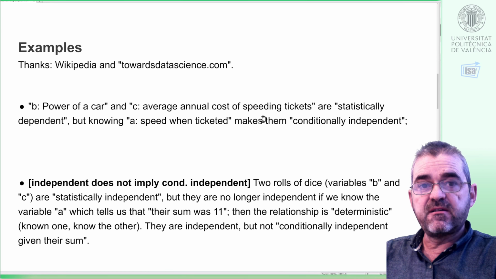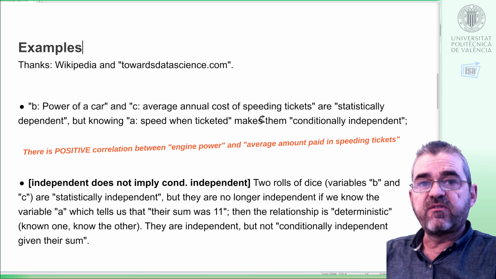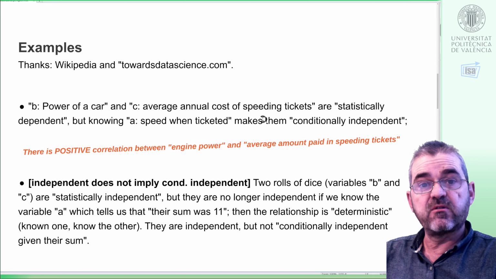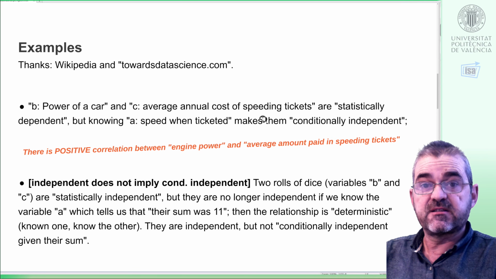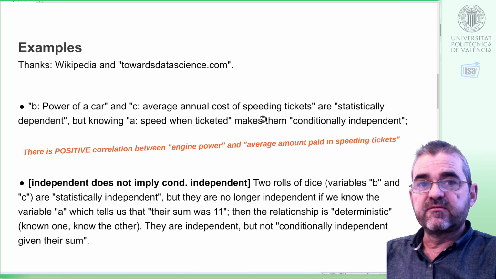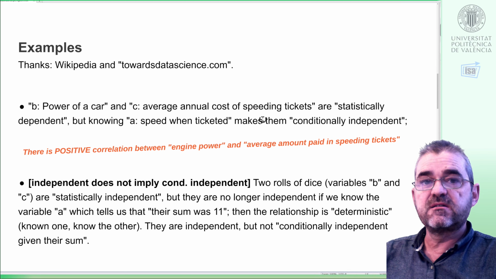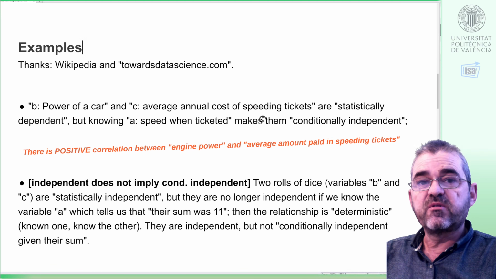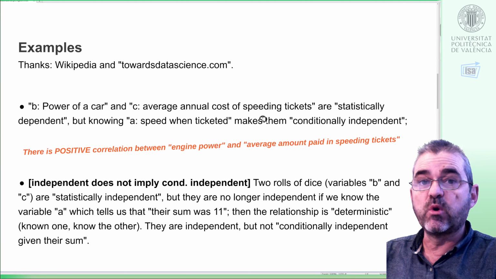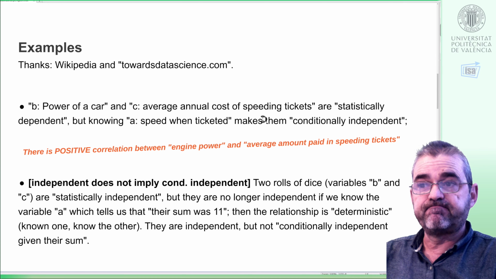If we don't think of anything else, we can collect data and find that B and C, the power of a car and the speeding ticket amount, are statistically dependent. The 600 horsepower Ferraris have a lot more speeding tickets than a 40 horsepower small city car.